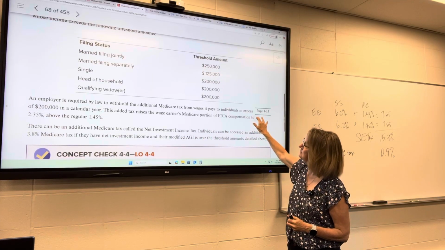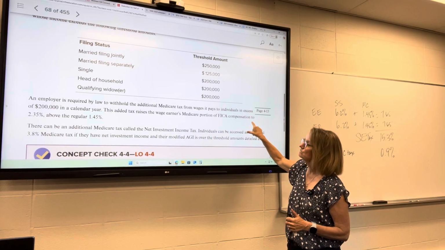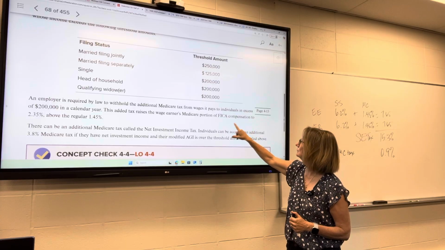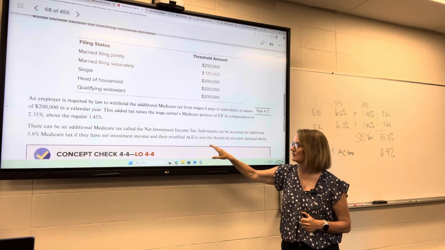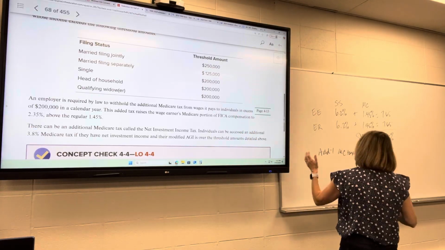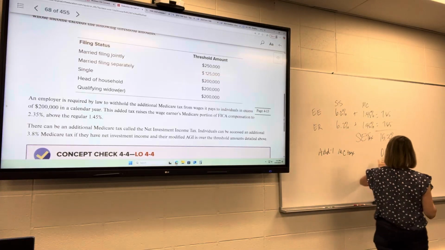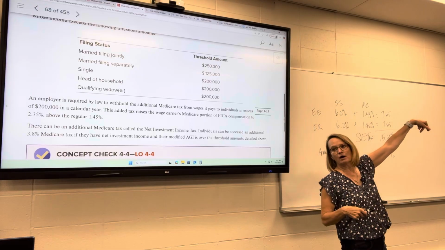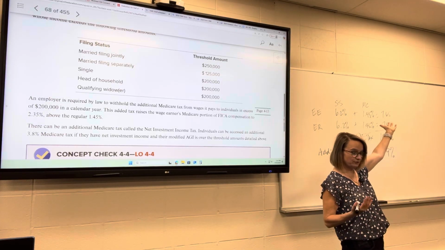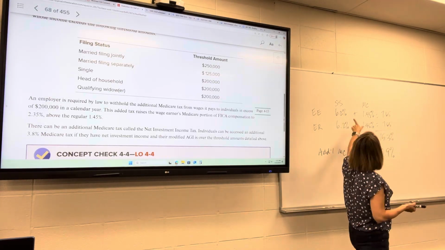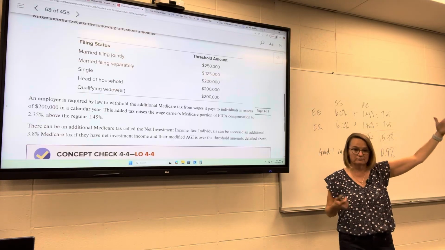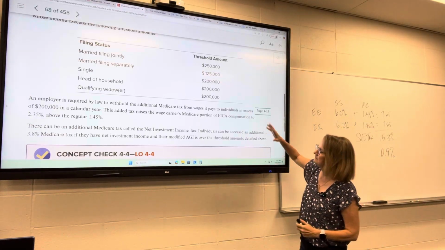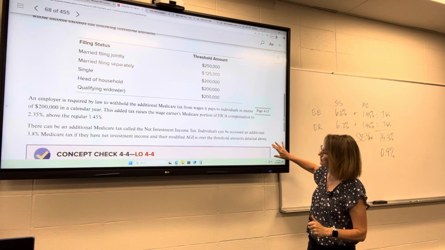Now, if you think about it, if you're being assessed the additional Medicare tax of 0.9%, you're also above the Social Security threshold, so you're no longer going to be paying the 6.2%. So it more than evens out for you.